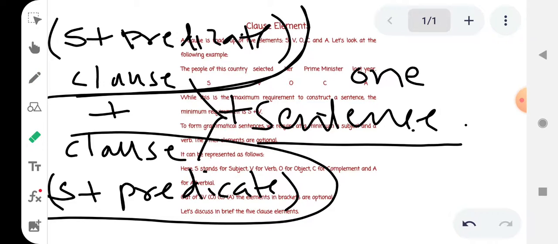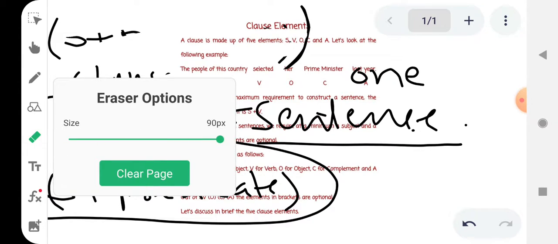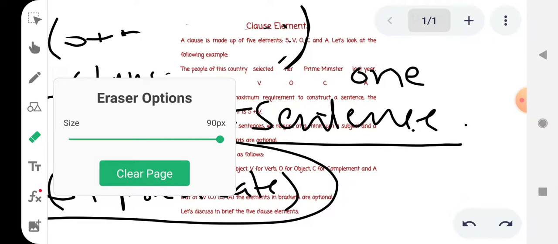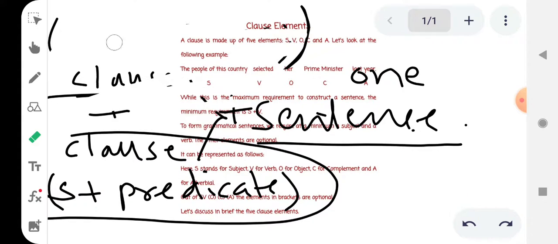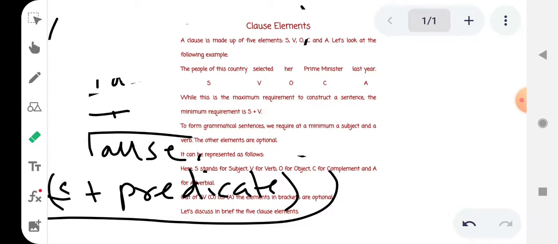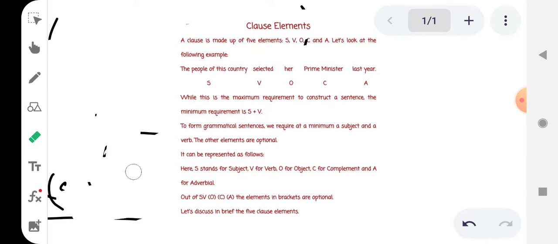Example is there. We'll take the example. We should not have cleared the page. Suppose there is one sentence.